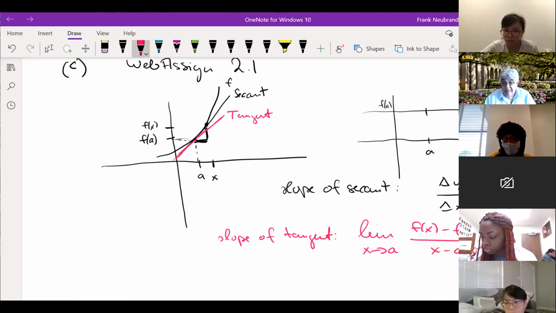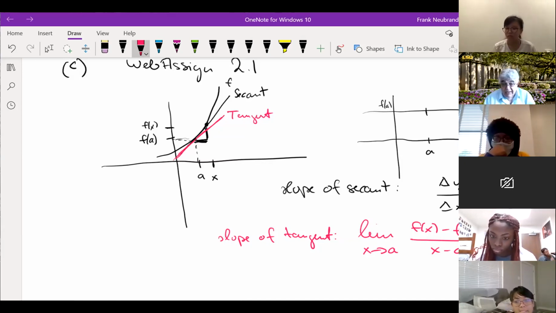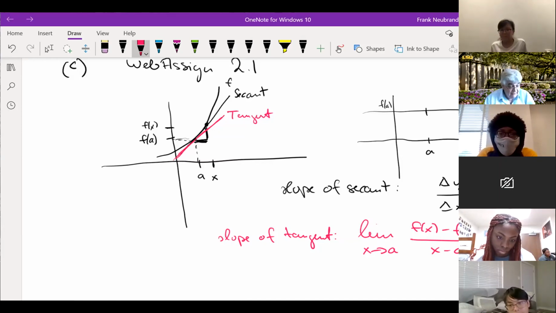This is what this limit means. So a limit means you take a number x that is not equal to a, but very, very close to a. So the limit means it's a process. Take inputs x that are closer and closer and closer to a, and see what happens with the numbers f of x minus f of a over x minus a.